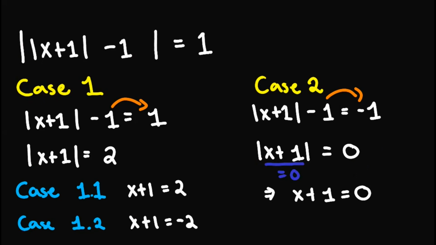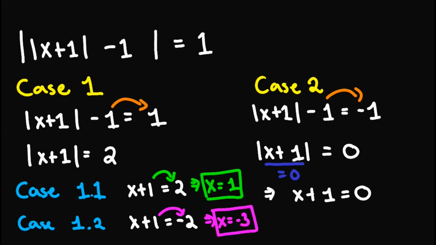So for this case 1.1, we simply move this to obtain x equals 2 minus 1, which will be 1. Then for the second case, or the case 1.2 rather, we move this out here to obtain x equals negative 3.